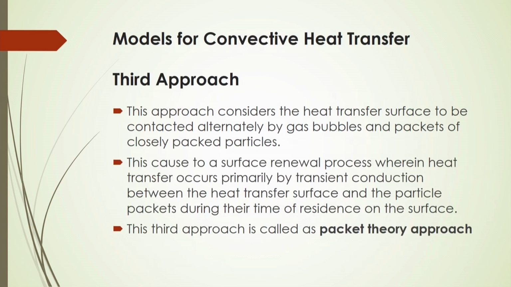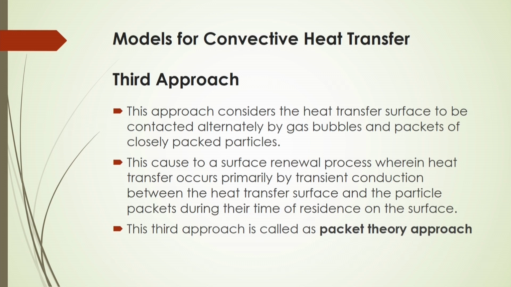The third approach to represent this convective heat transfer considers the heat transfer surface that is contacted alternately by gas bubbles and packets of closely packed particles. So, there are two things here, one is the packed particles, another is gas bubbles. There will be contact between these gas bubbles and packets of closely packed particles.